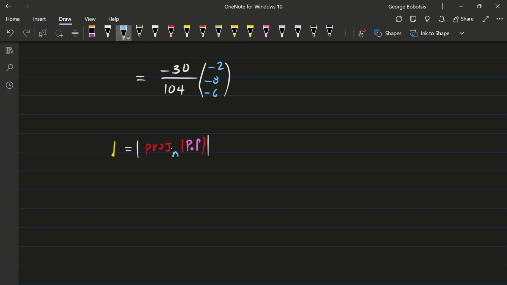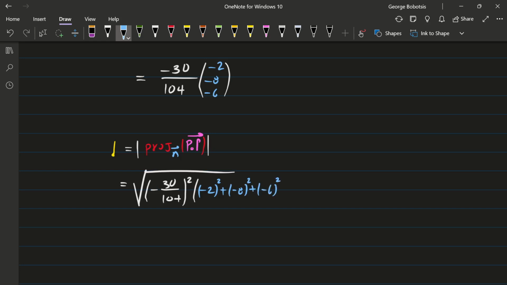Not a big deal, just being careful. And that is the square root of -30 over 104 squared times -2 squared plus -8 squared, blah, blah, blah. As we put the components in, all square rooted.